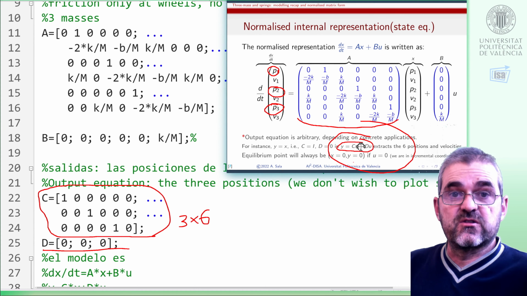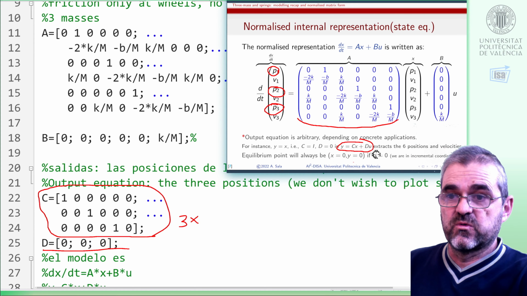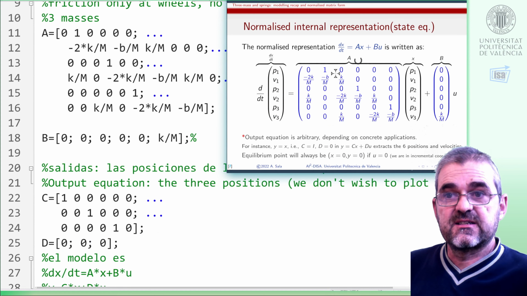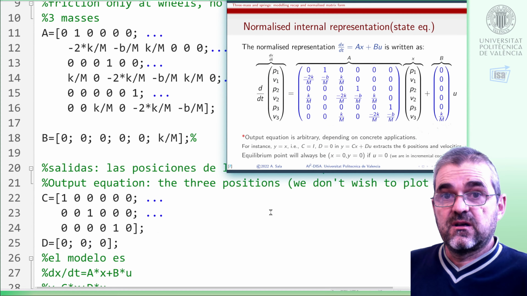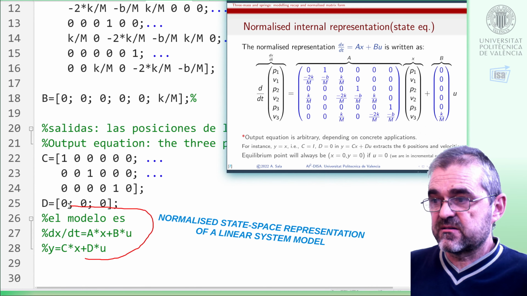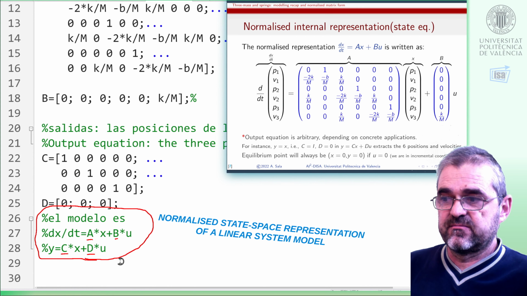In this way, these operations can be correctly made. So we extracted the positions from these dynamics, and hence we have all the numeric matrices involved in this normalized representation of a linear system.